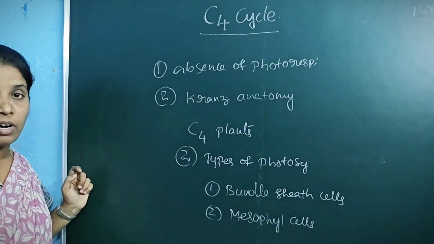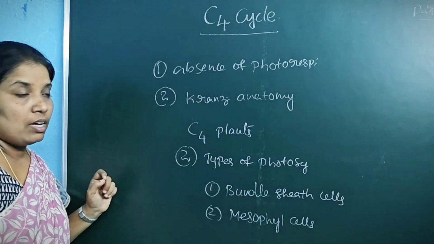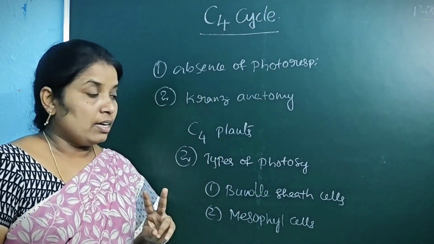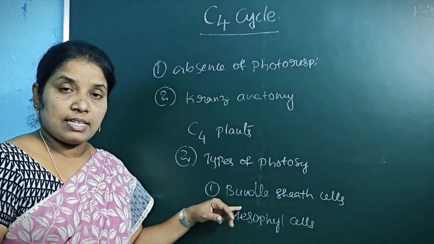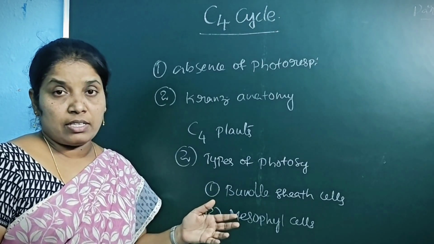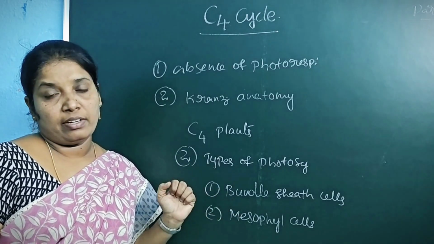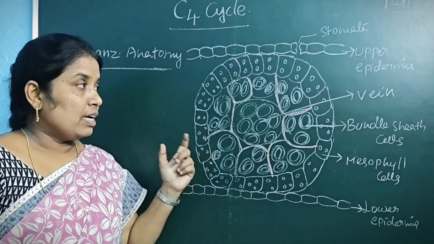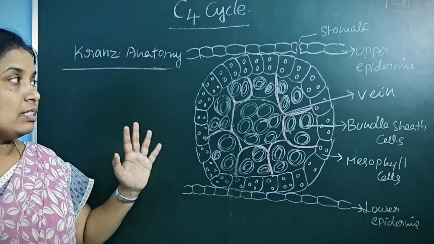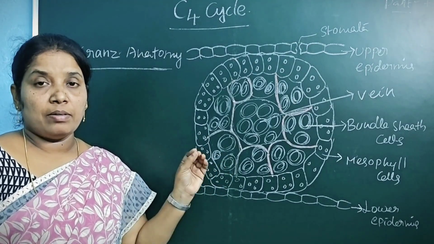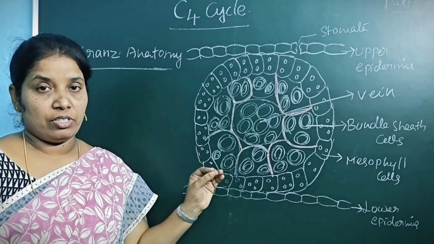So these leaves are called dimorphic leaves. That means the leaves of C4 plants have two types of cells, mesophyll cells and bundle sheath cells. Let's see what bundle sheath cells are and how they perform the C4 cycle. C4 plants show the Kranz anatomy, where plants have two types of photosynthetic cells: mesophyll cells and bundle sheath cells.